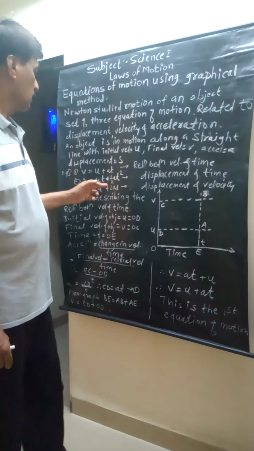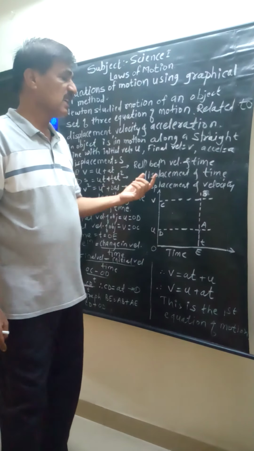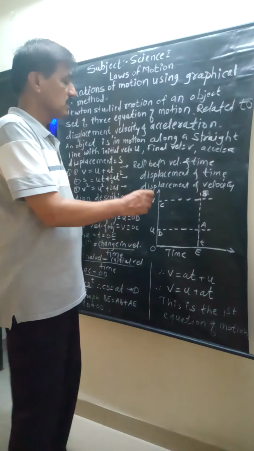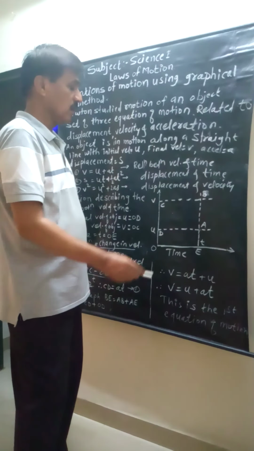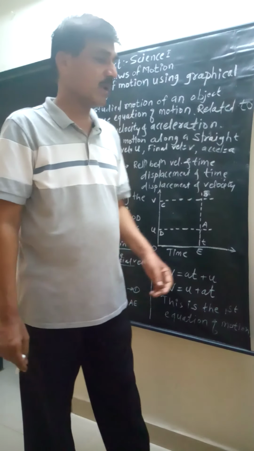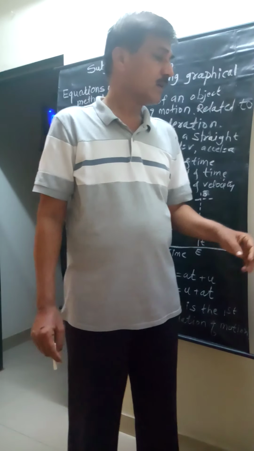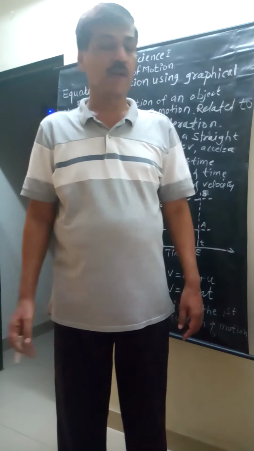You have to find out these two remaining equations that are given in the textbook. In this way you have to find out the three equations of motion by the graphical method. Thank you.